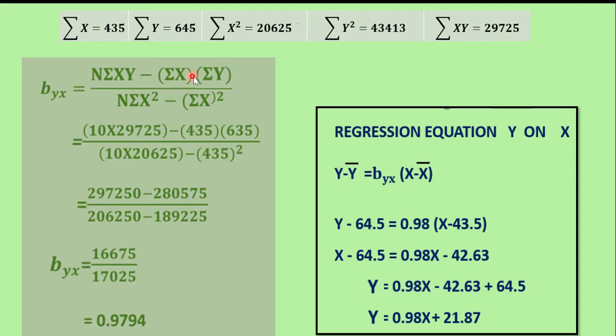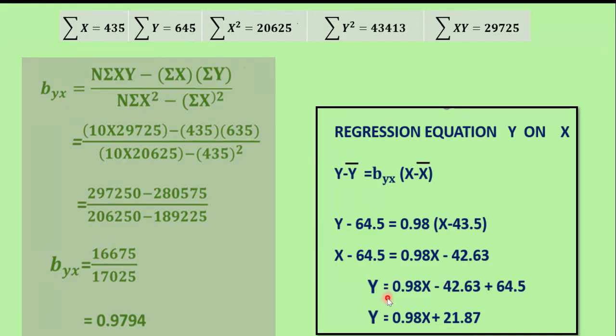So substituting the value of y bar. How do you calculate y bar? 645 divided by 10, because 10 values are given there. So we get 64.5. Then byx is equal to 0.979. So I've taken it as 0.98 into x minus x bar. That is y minus 64.5 is equal to 0.98x minus 0.98 into 43.5. You get 42.63.